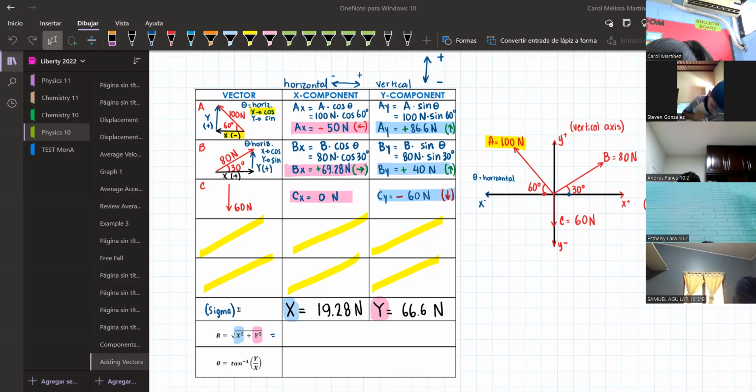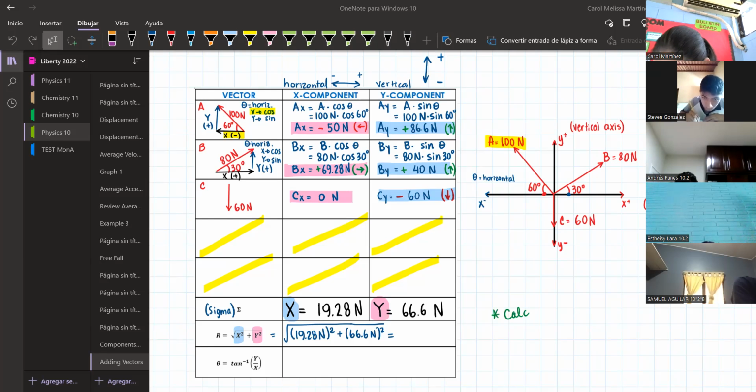So x, that is 19.28 Newton raised to the second power plus 16.6 Newton raised to the second power. To do this process, in your calculator, see the green part. The green part is the calculator.